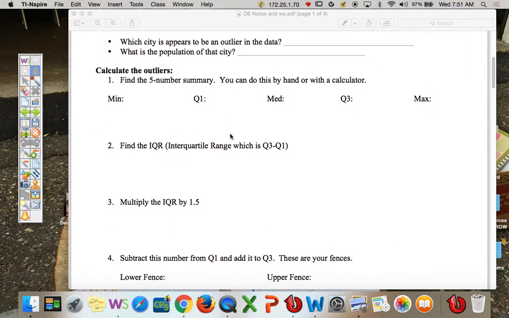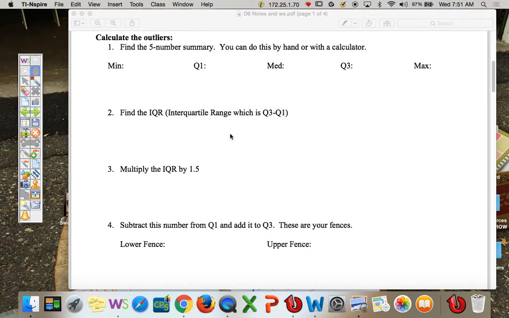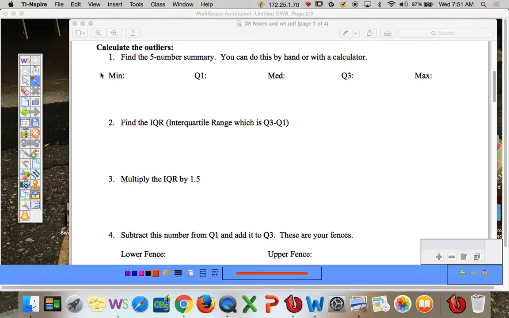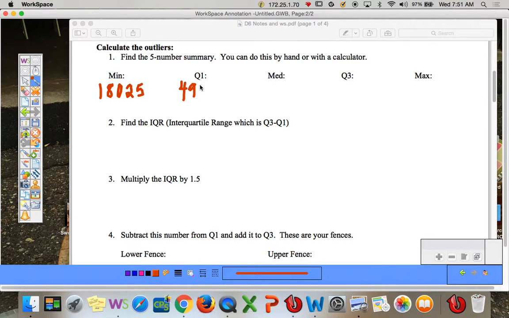And we are going to find the outliers. Again, the first step is finding the 5-number summary. The minimum was Hopkins at 18,025. Q1 was 49,376. The median was 64,009. Q3 was 73,987.